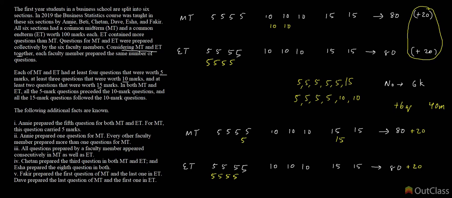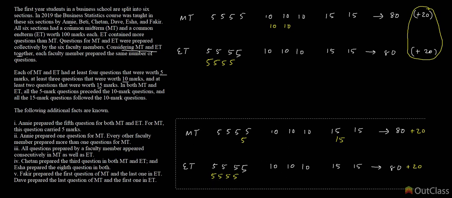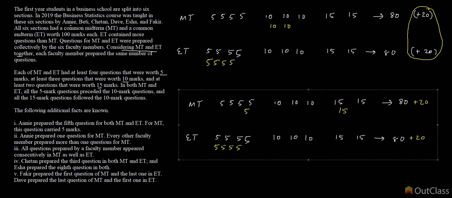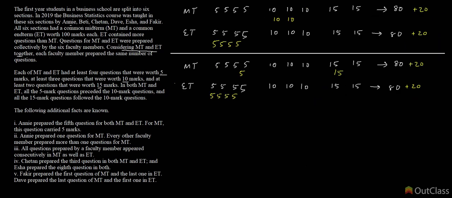These are the 2 solutions we have initially, and I'm going to get rid of this now. We don't need this. These are the 2 competing solutions we have at this point, but only one of them works. Let's see how we eliminate the other. Eliminating one of these cases is based on the idea that all the 5 mark questions preceded 10 mark questions, and all the 15 mark questions succeeded the 10 mark questions.